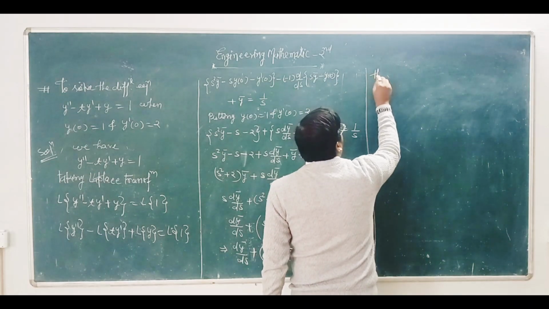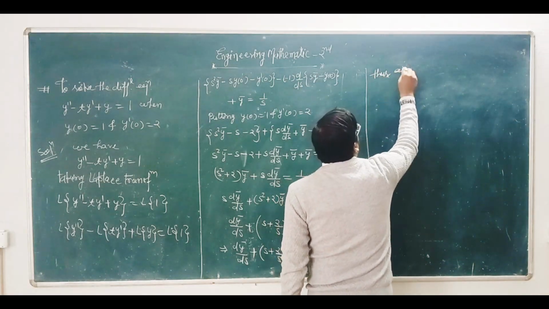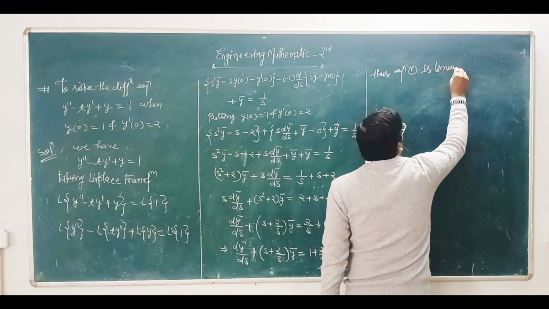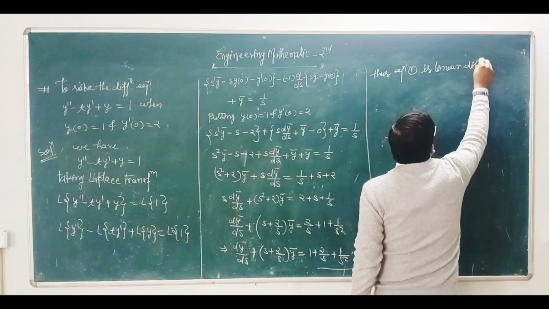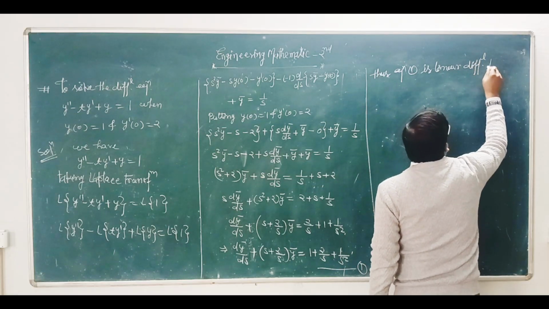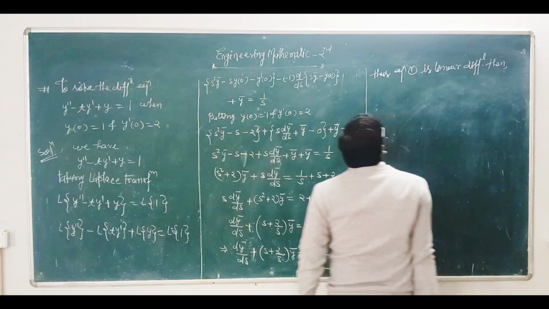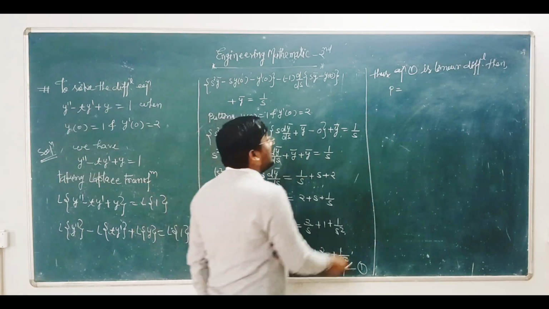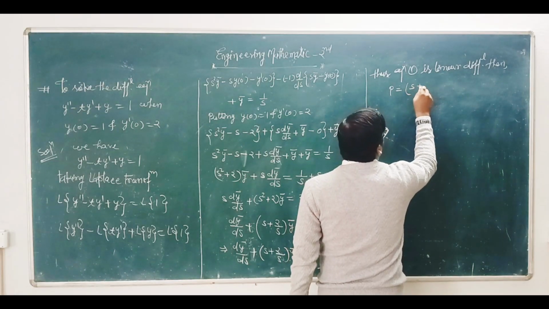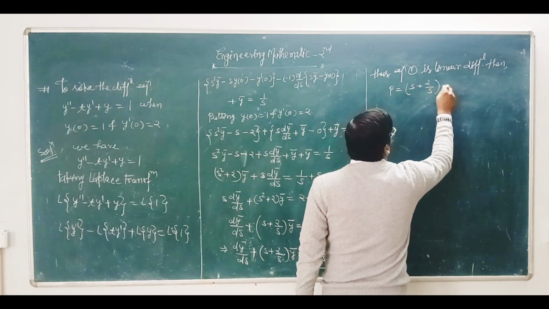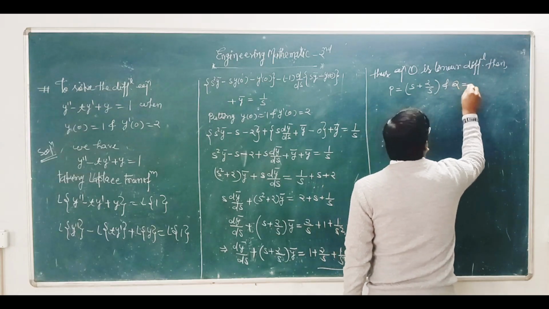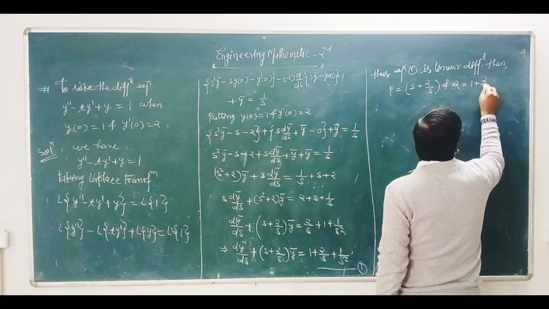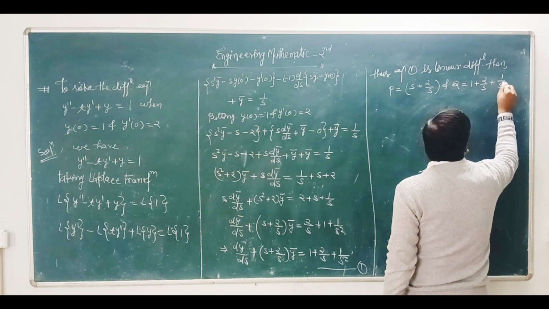You know that equation first is a linear differential equation, then p is equal to s plus 2 upon s, and q is equal to 1 plus 2 upon s plus 1 upon s square.